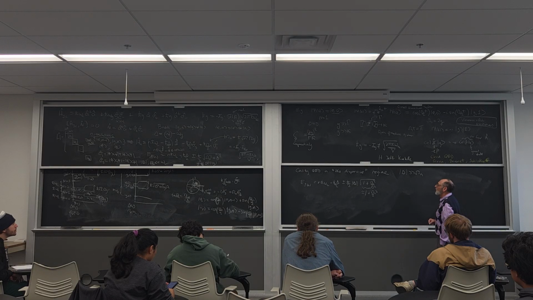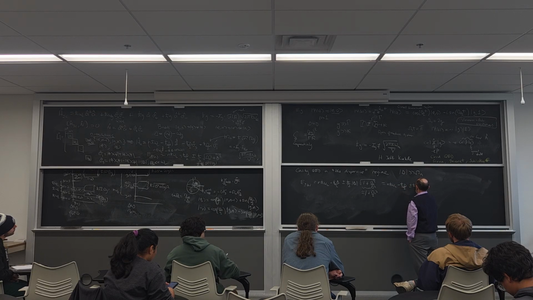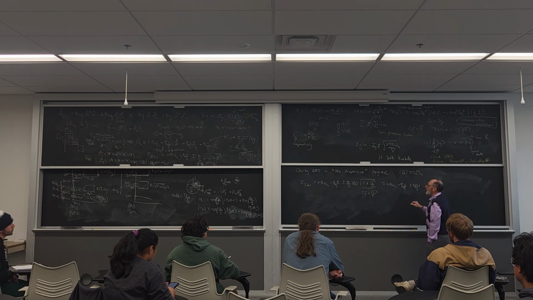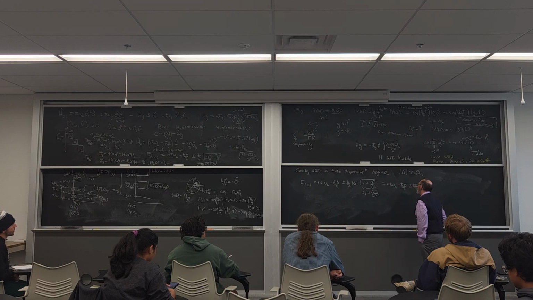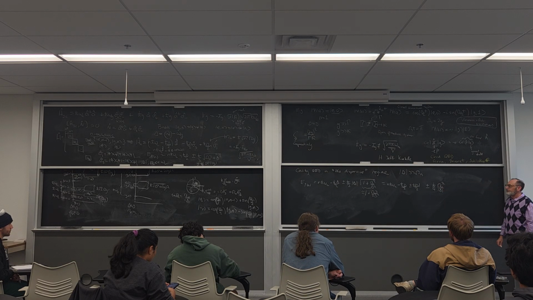So what this then equals is n omega squared minus delta over 2 plus or minus the absolute value of delta over 2, plus or minus h bar omega n squared over 4 times the absolute value of delta.